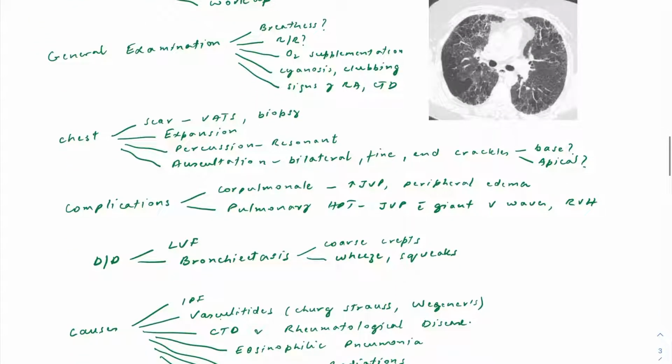Once you find the crepts, you should think about the differential diagnosis, maybe left ventricular failure, or it can be bronchiectasis as well. We always get confused about whether these crepts are because of bronchiectasis or pulmonary fibrosis. But remember, in bronchiectasis, they have coarse crepts, and you may have some wheezes or squeaks there.